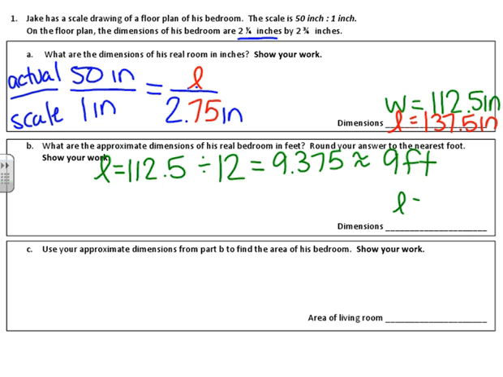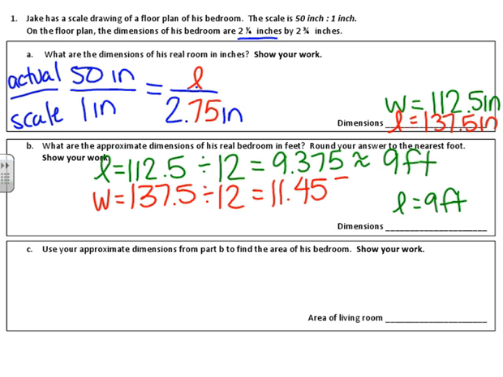Then for the width, I'm going to do 137.5 divided by 12, and that's going to come out to be about 11.45, and if you want the whole amount, the 3 would end up repeating. But again, if you just take it out to the tenths place, since you're not using a calculator for this, 11.4 is all you would need, and that would let you round it to 11 feet.